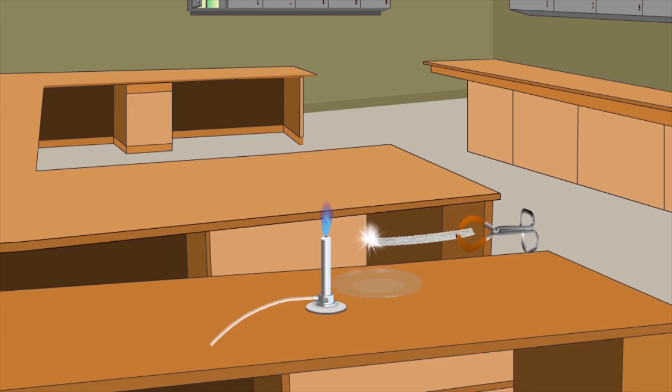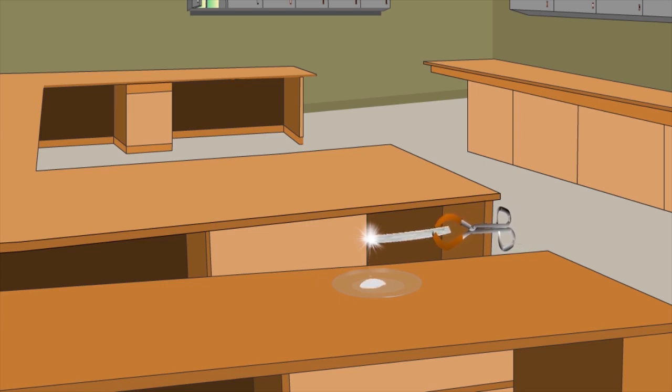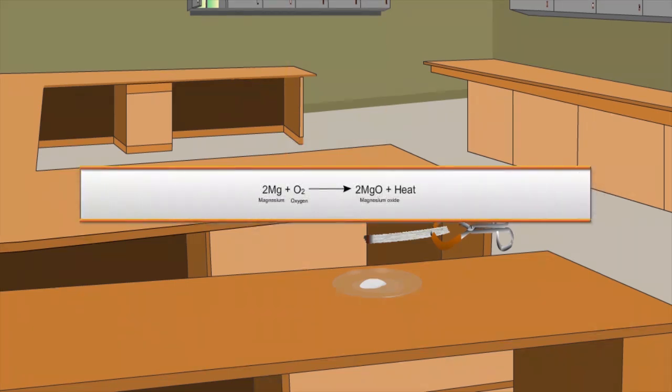Once it catches fire, hold the magnesium ribbon over the glass plate. You observe that the magnesium ribbon burns with a dazzling white flame and forms white residue which falls in the glass plate. Actually, the magnesium ribbon enters into a chemical reaction with oxygen present in the air and forms magnesium oxide. The white powder that you see here is magnesium oxide.